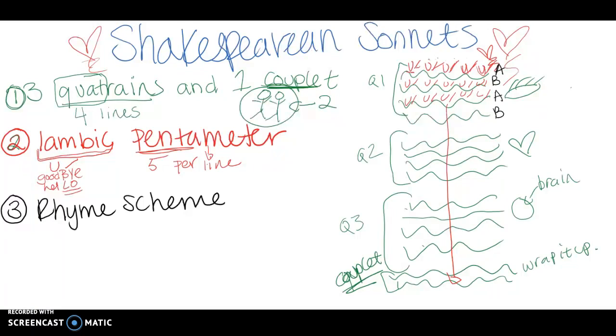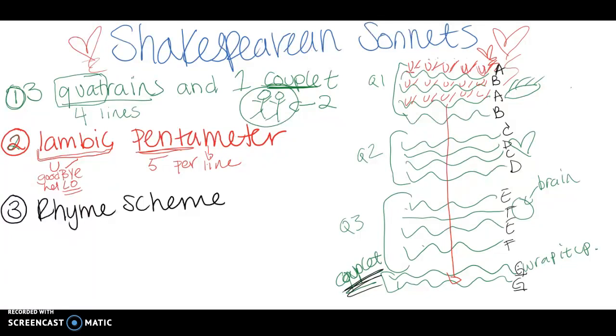Same with the other quatrains. In each quatrain, the first and the third line rhyme, and the second and the fourth line rhyme. And these are represented by different letters because each of the couples that rhyme have to be unique. Finally, the couplet at the end rhymes together. So these two lines will always rhyme.